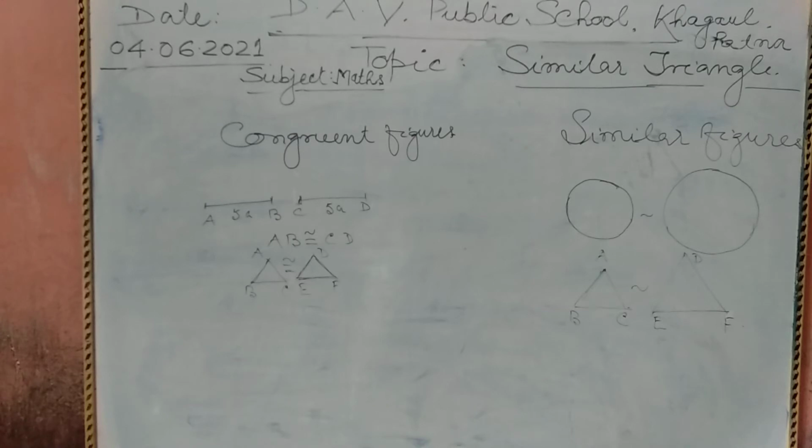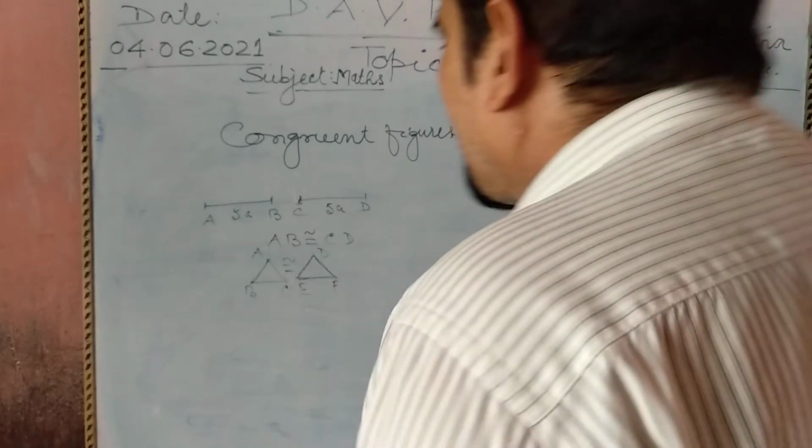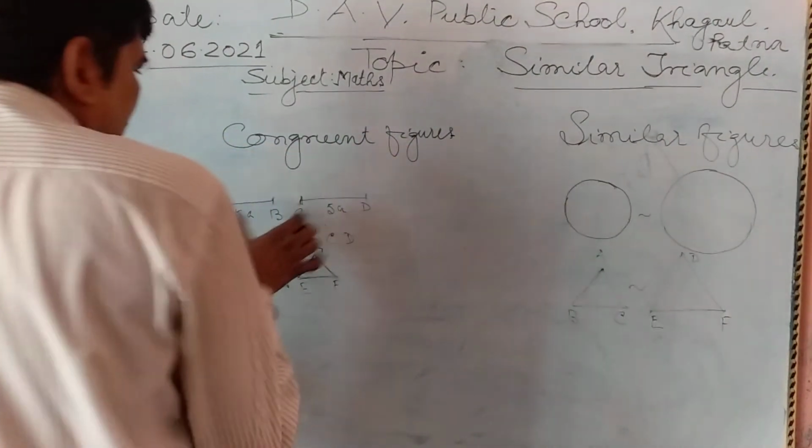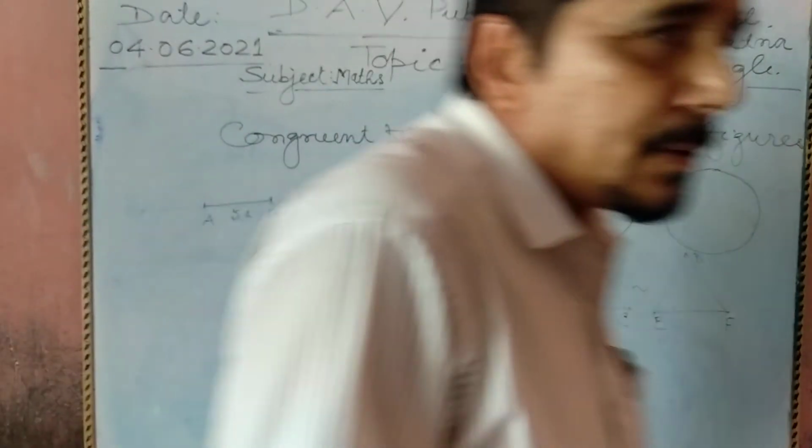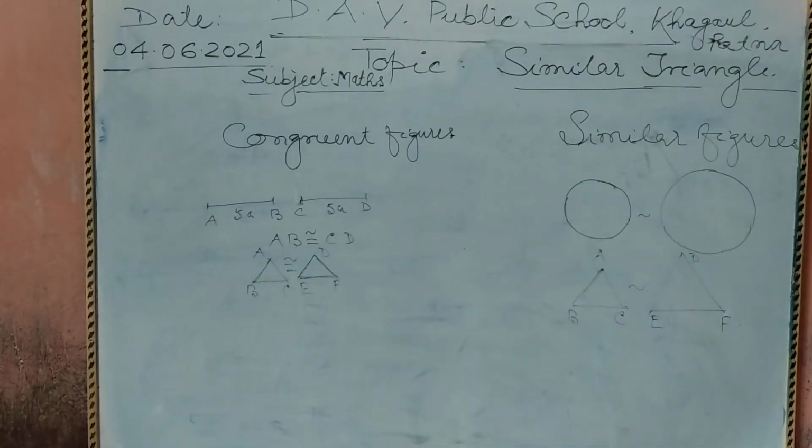For example, you can take two line segments AB and CD of the same measurement, 5 centimeter. Because both are of the same shape, line segment, and both have the same measurement, 5 centimeter, it satisfies the definition of congruent figures.